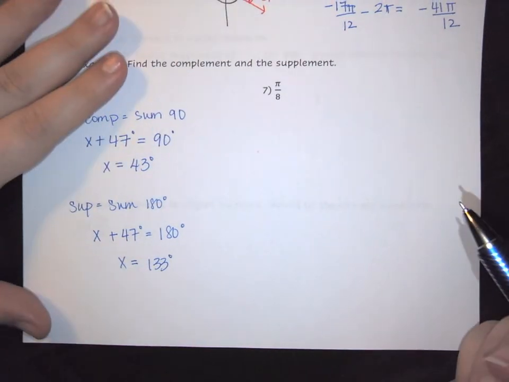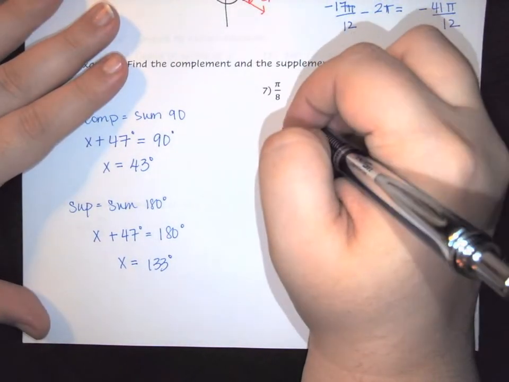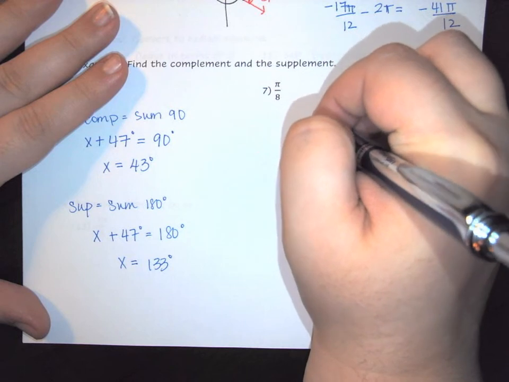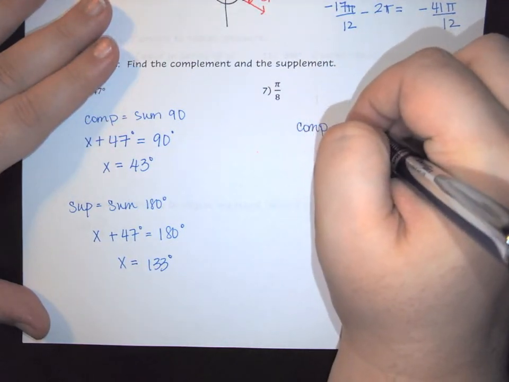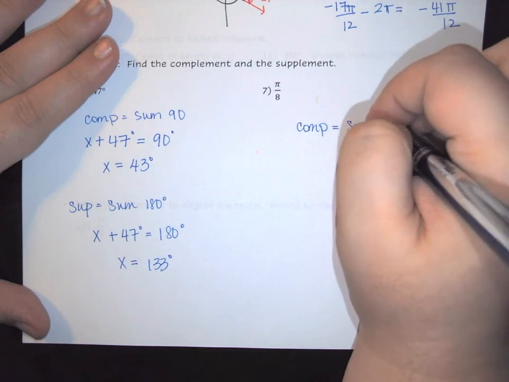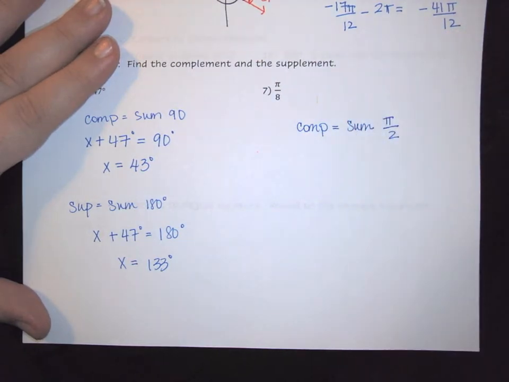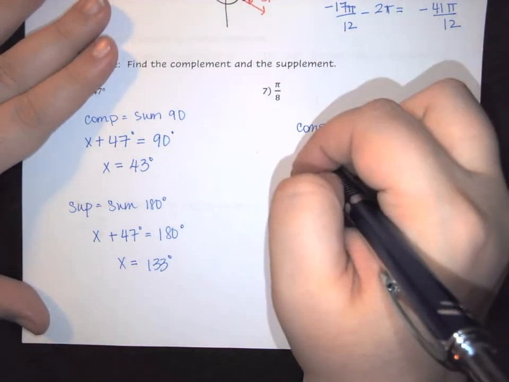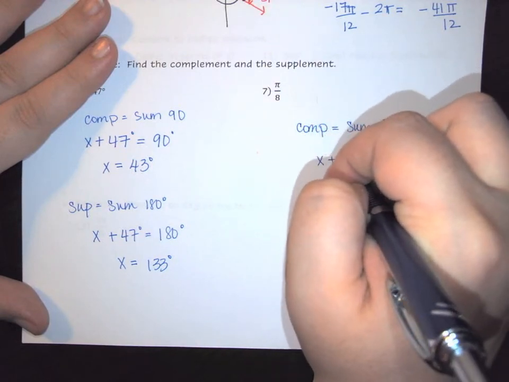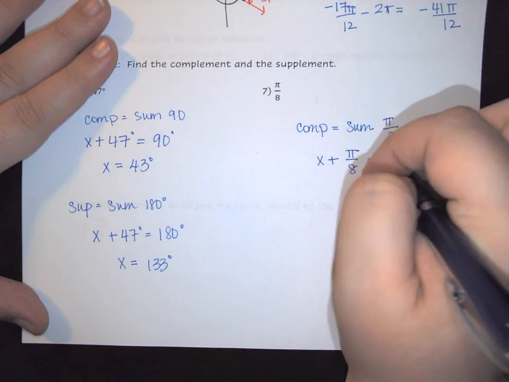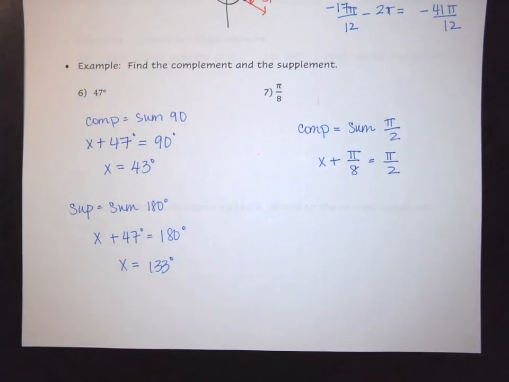We use the same idea with radians. So here, my complement is going to sum to pi over 2. So here we do the same thing. X plus pi over 8 has to give me pi over 2. Now, one of the things you're going to notice when working with radians is you do a lot with fractions.